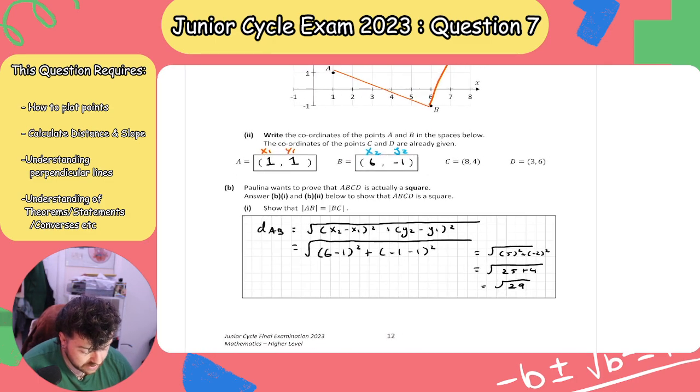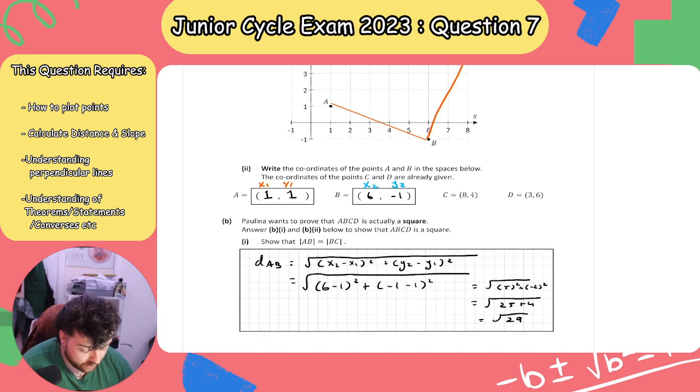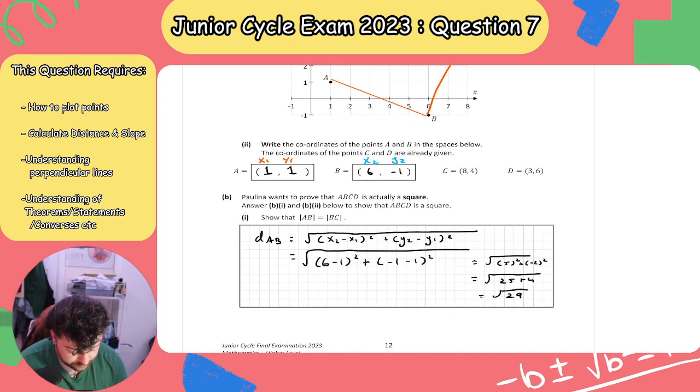And now we're going to do the same thing, but we're going to prove it for BC. The length AB is equal to square root of 29. Let's do the distance BC. I'm going to fill in my formula here: x1, y1, x2, y2.